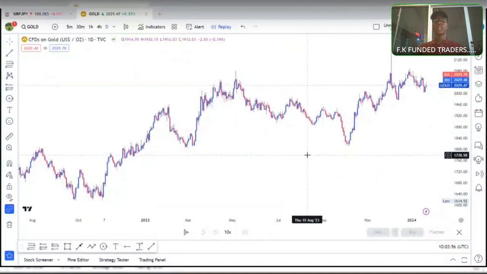The reason why I'm looking for the calendar before analyzing XAU is that XAU is one of the volatile pairs. Normally it is known that XAU moves more than 1,000 pips a day.